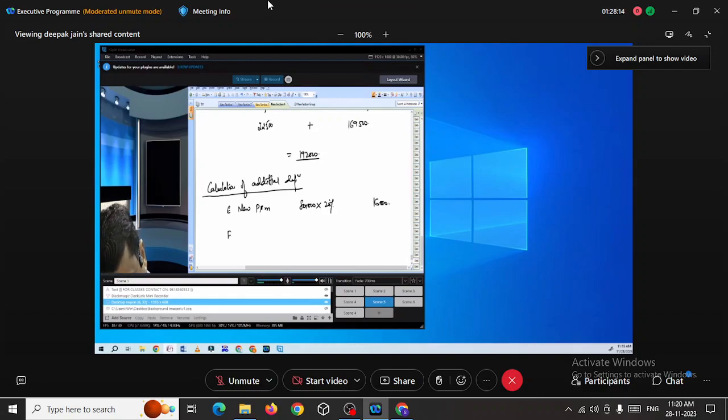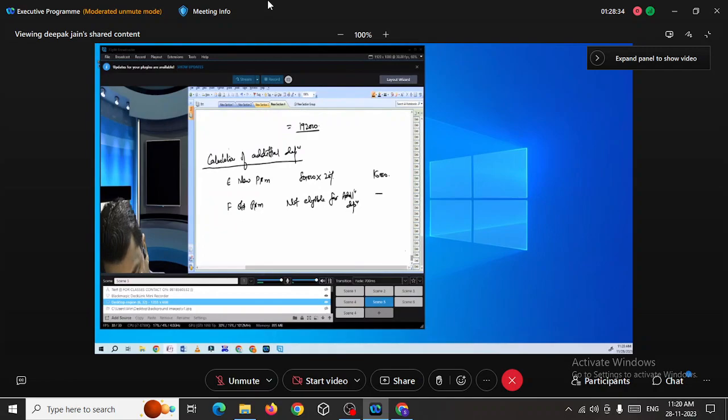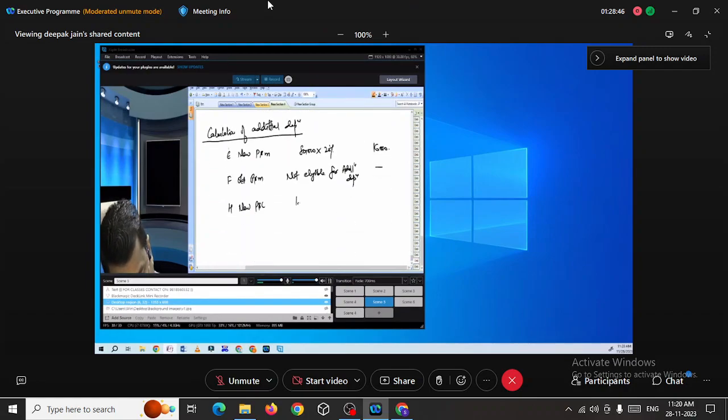F is old plant and machinery, not eligible for additional depreciation. What about H? New plant and machinery, eligible for additional depreciation or not? Yes, sir. Yes, but put to use for less than 180 days, additional rate of depreciation shall always reduce to half.